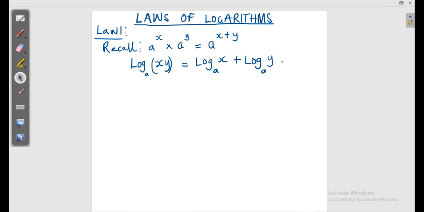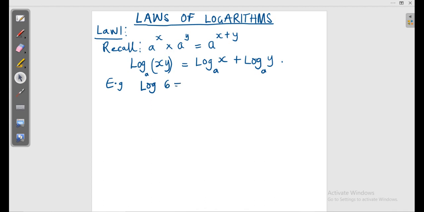Now, look at it critically. This is in products. When you split, it becomes addition. That's the key thing I want you to consider there. Now, let's look at a very typical example. If you have log 6, obviously this is log 6 base 10.